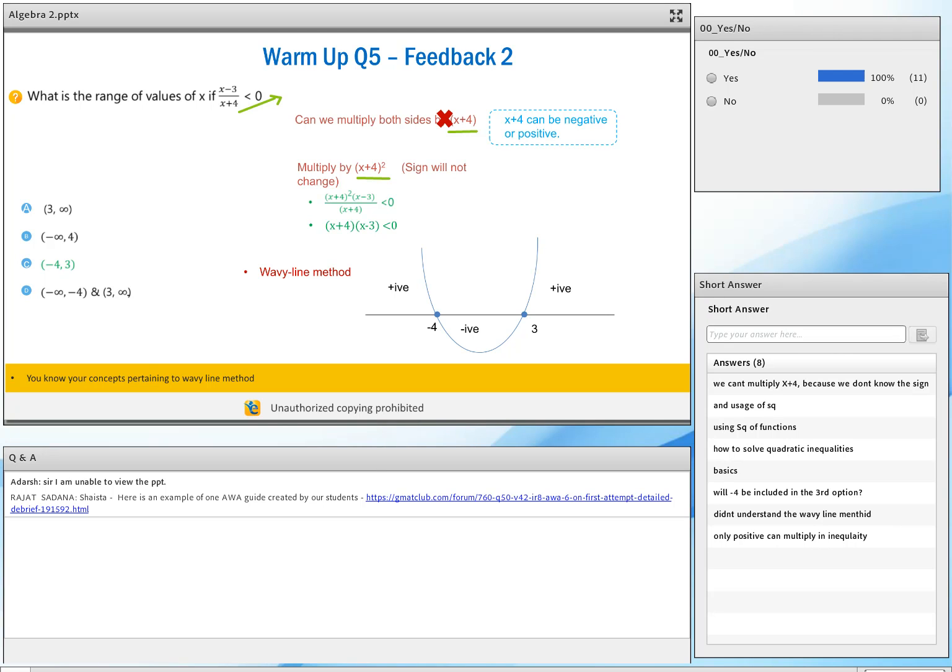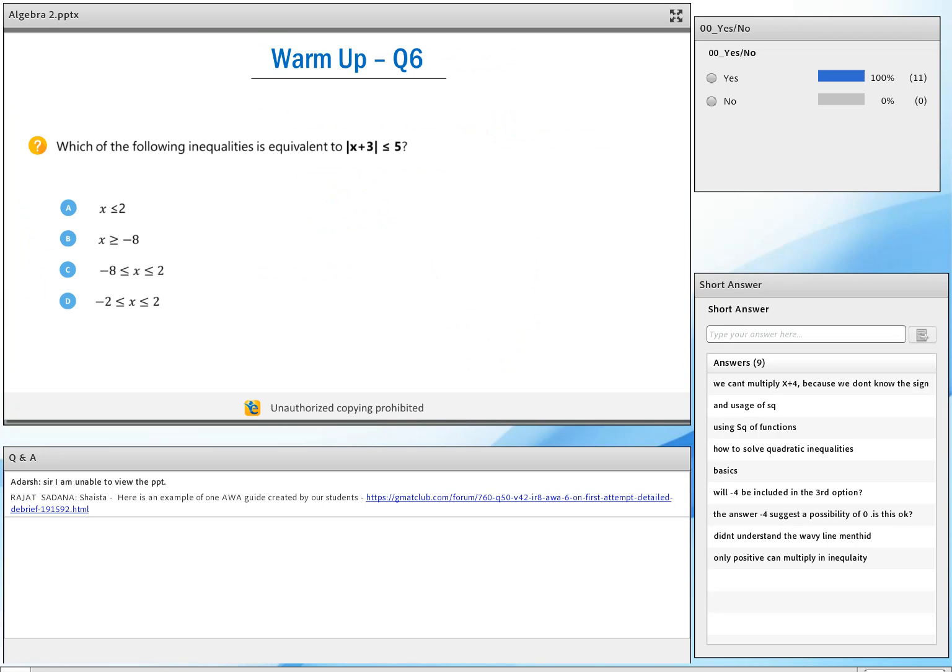You are saying that yes, you cannot multiply both sides by x plus 4, but you can definitely multiply both sides by x plus 4 squared. So this is a way to simplify the given inequality, and this is a skill that you need to have.